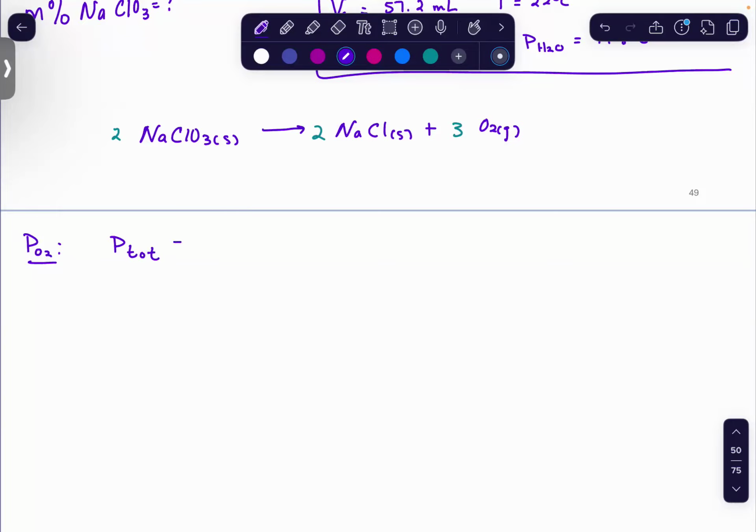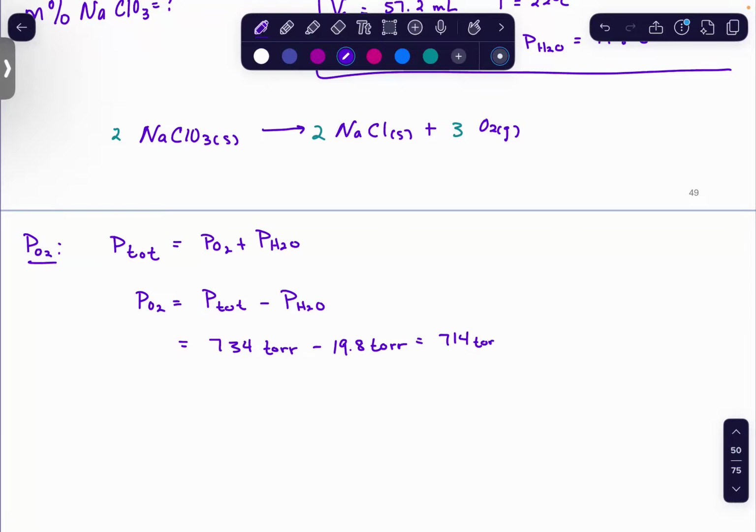We know by Dalton's law that we can find the pressure of O2 by taking our total pressure minus the partial pressure of water, or in this case, water's vapor pressure. So it's going to be 734 torr minus 19.8 torr. That is going to be 714 torr.